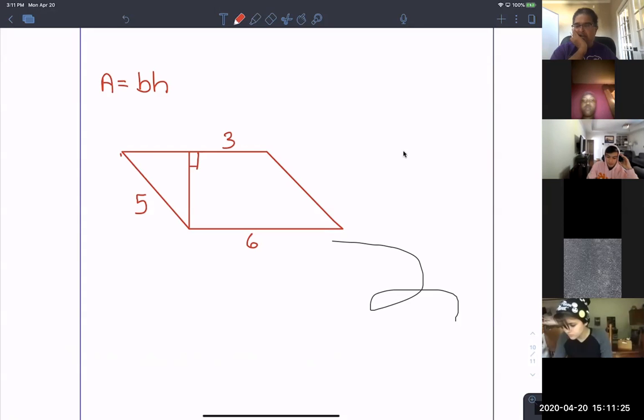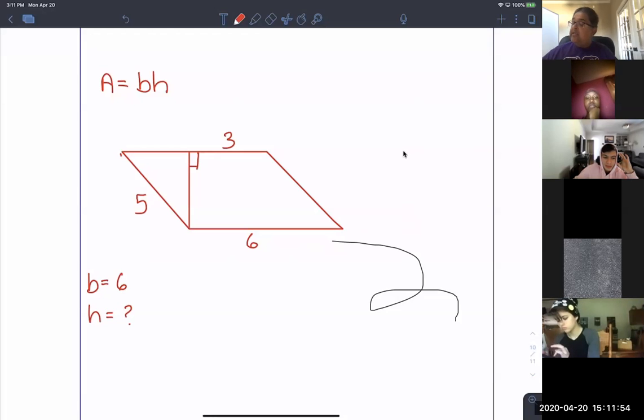Does anyone have an idea how to do this? So what would be my base here? 6? 6 would be the base. So what is my height? Don't know. Okay, so this is my height, right? And I don't know the length of it. Well, if this piece is 3, what is this piece going to be? 3, right? 3.